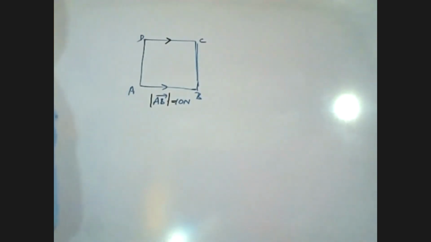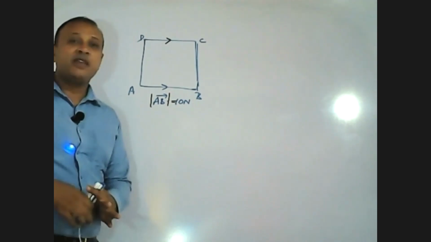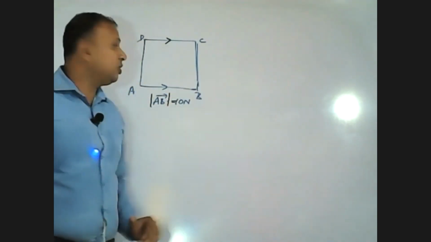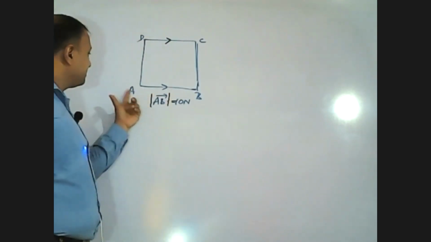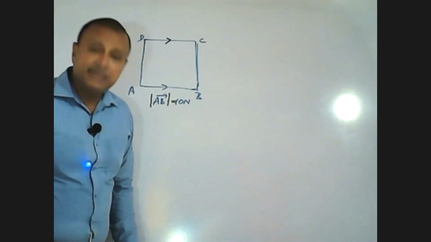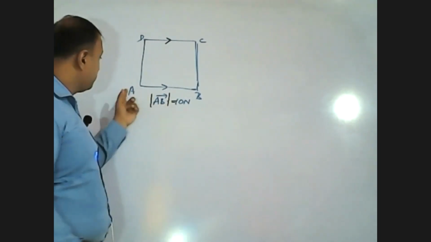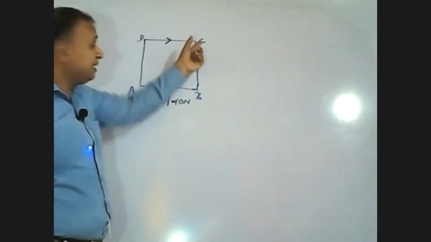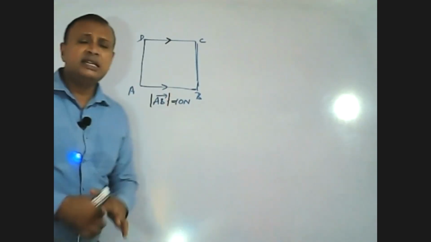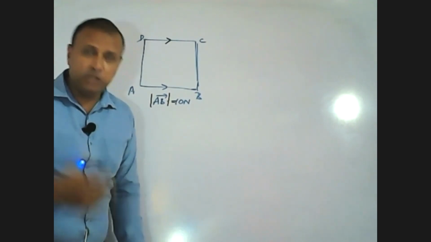Good. Very good, correct. 10 Newton. In this case, you have used your geometrical knowledge. You know the length of AB and the length of DC are equal. That means the magnitude of the AB vector and the magnitude of the DC vector are equal. Therefore, the magnitude of the DC vector is equal to 10 Newton too.